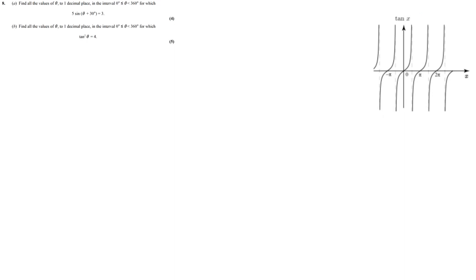And we have this question here: find all values of theta to one decimal place. So we know that this is kind of easy, so we know that we can do theta plus 30 is equal to 3 over 5.